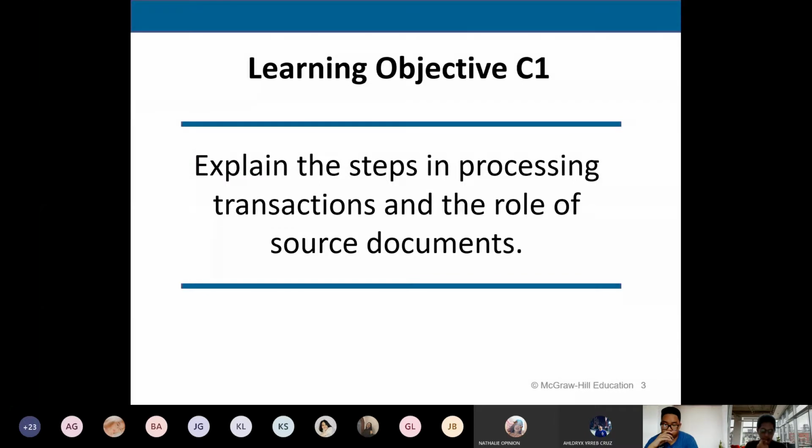Okay, so ang objective natin ngayon is to provide the steps in processing transactions and the role of source documents. Also, although we have already discussed this, as part of the accounting cycle, we have to go back to the basics of the business transactions and source documents.